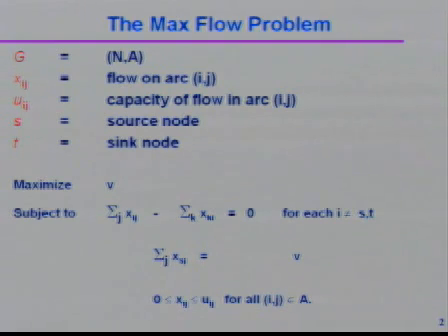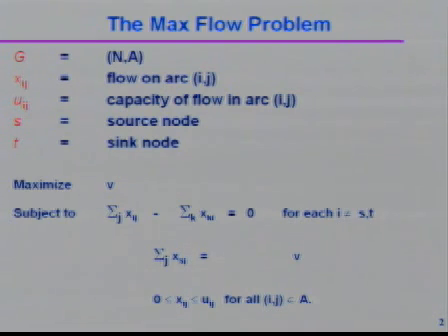Okay, so your linear programming problem looks like the following. You'd like to maximize V, which is the value of the flow. This is the amount of material that travels from S to T, subject to the following constraint: that flow is conserved at every node other than S or T. So the way you read this is the total amount of flow that leaves node i, which is the sum of all xij's, summed over all the j's.